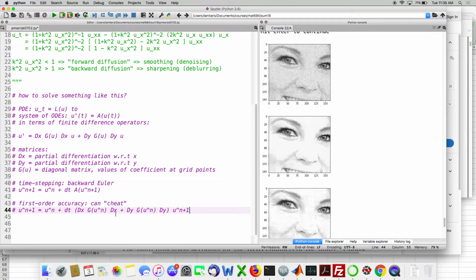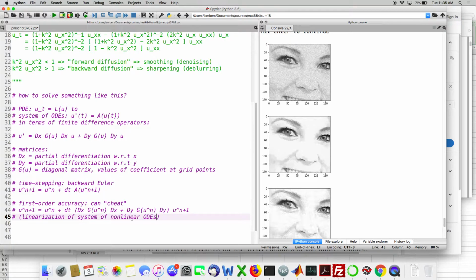So by evaluating a coefficient at the solution for a previous time step, if I wanted true backward Euler, I'd have g^(n+1) in here. But what I'm doing here is cheating and it's using u^n. So this is a linearization of this system of entirely nonlinear ODEs.